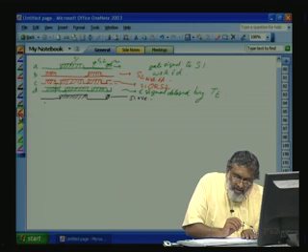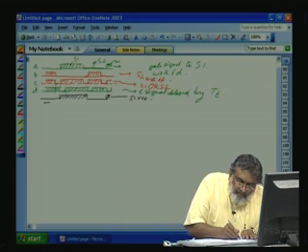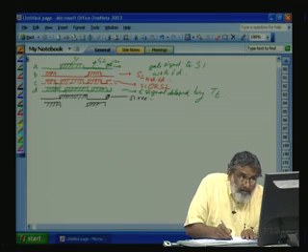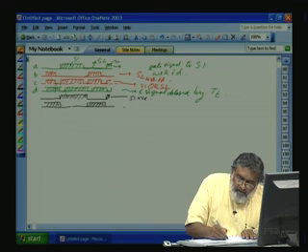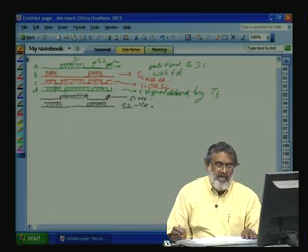This is S2 negative, when the current is negative.